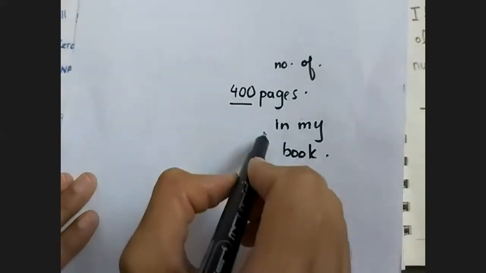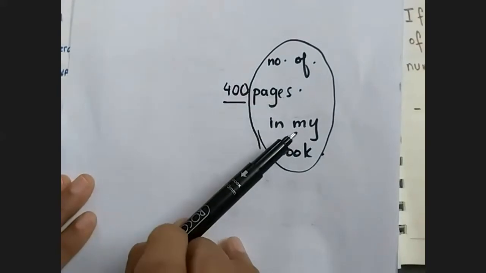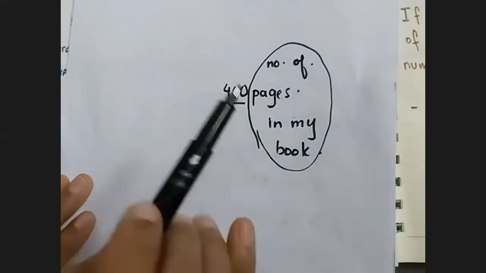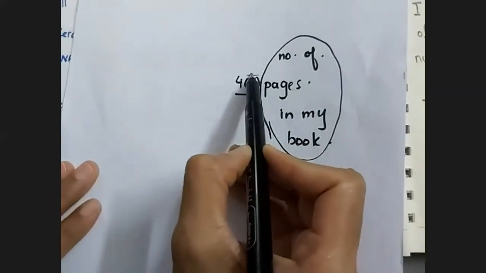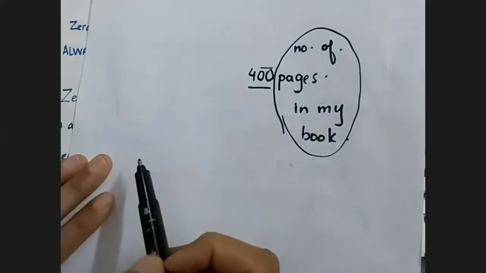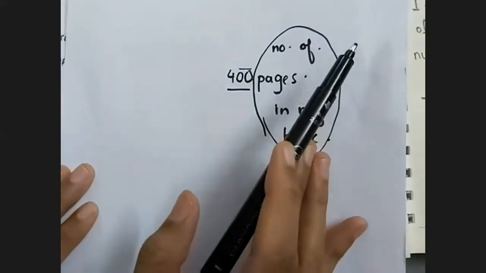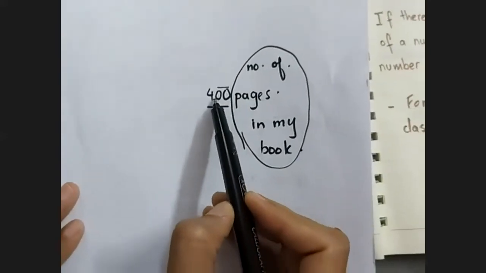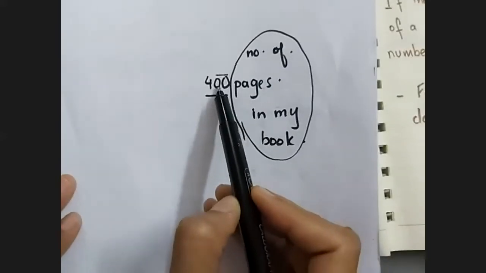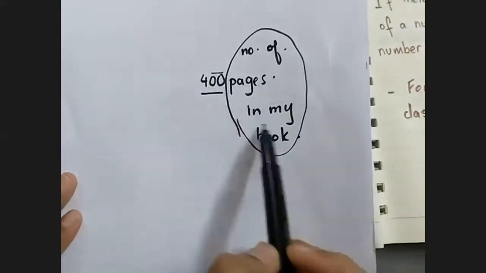Because I'm giving you this information myself. Now tell me, are these two zeros significant or not? Before you answer this question, ask yourself, are these two zeros estimates or are these zeros actually there? These are the number of pages in my book.